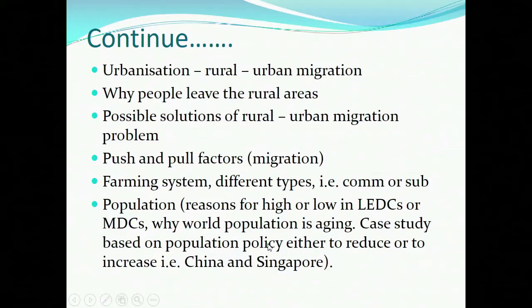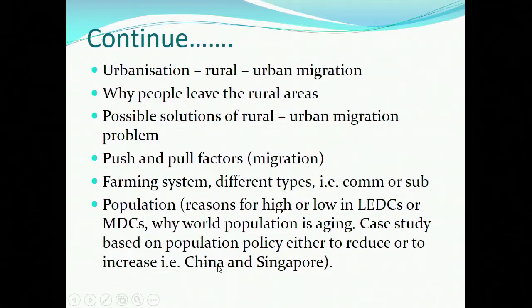Whenever you have to do an assignment or write your examination, come and understand this topic carefully. And again, at the same time, look at the case studies that are based on population policy. This population policy is either to reduce the population or to increase the population.